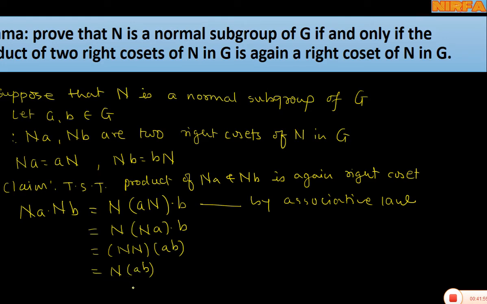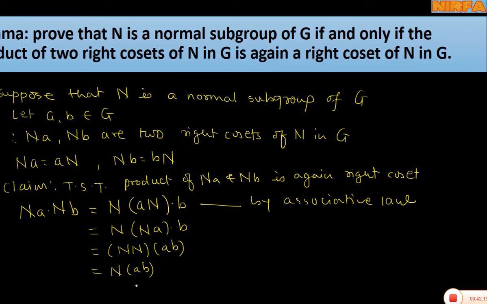Now how do we clarify that AB is a member of G? Already we know that A and B both are members of G. G is a group, so it must satisfy four conditions. The first condition is the closure property.